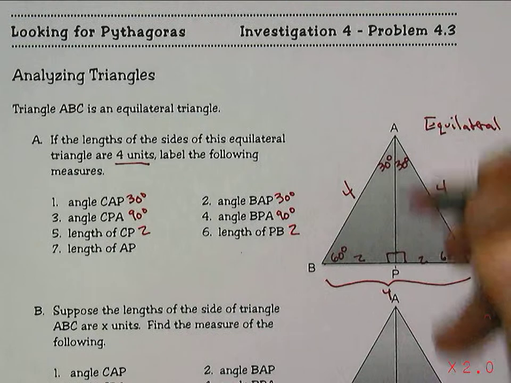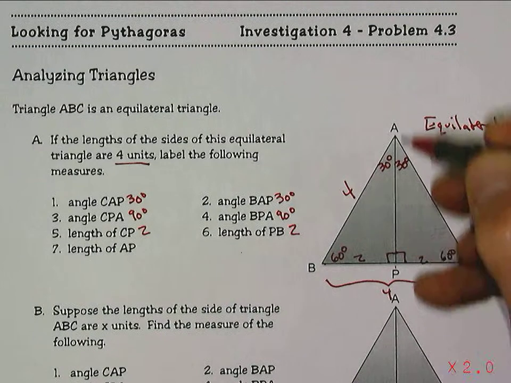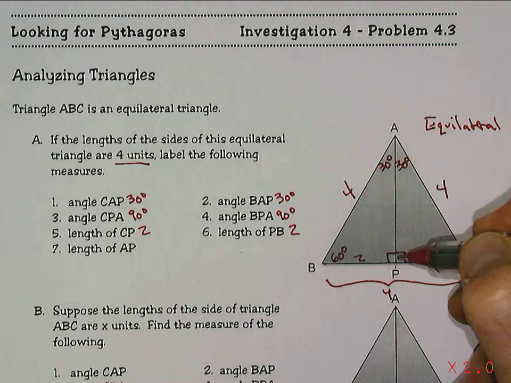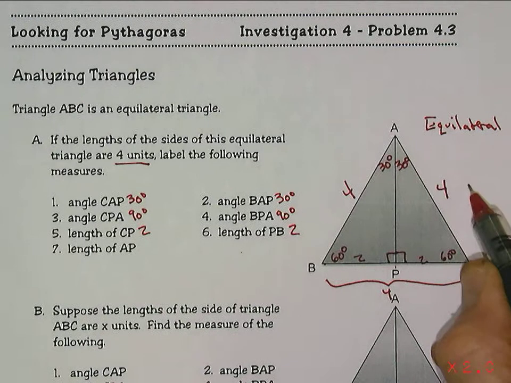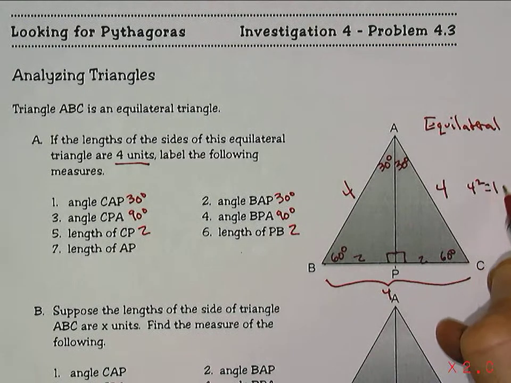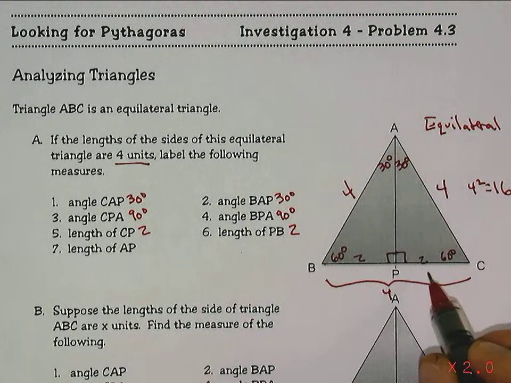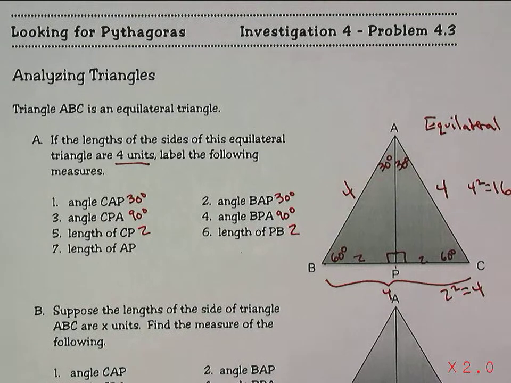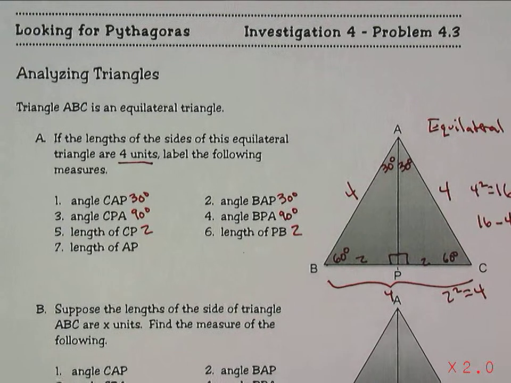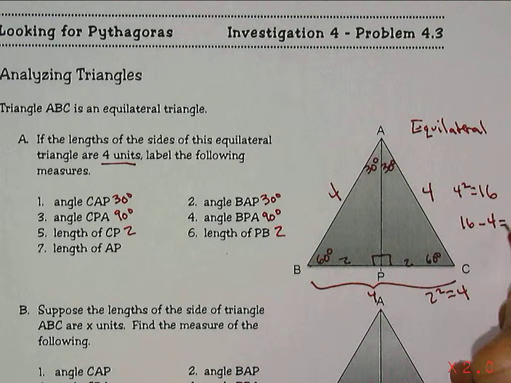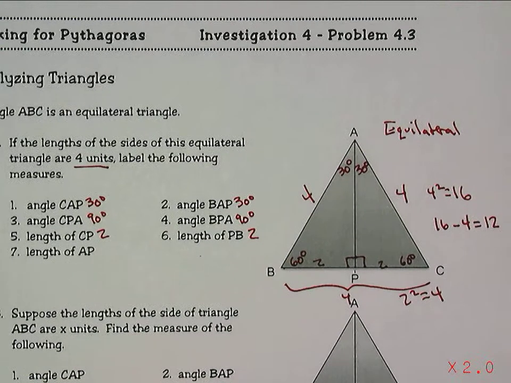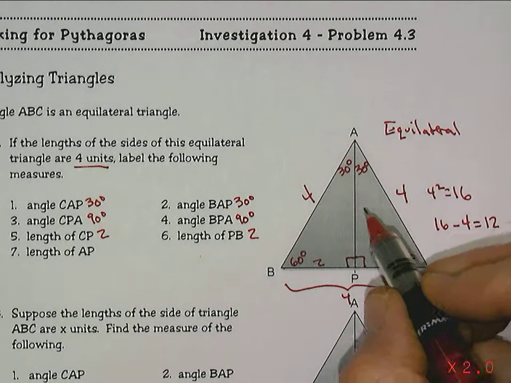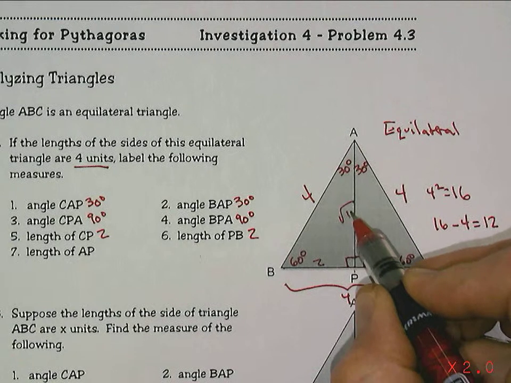And now to find the length of AP from here to here, this is a shared leg between the two, so we can take this hypotenuse and square it, and this leg and square it. 2 squared is 4. And if we subtract 4 from 16, we'll get 12. And so this length here is the square root of 12.